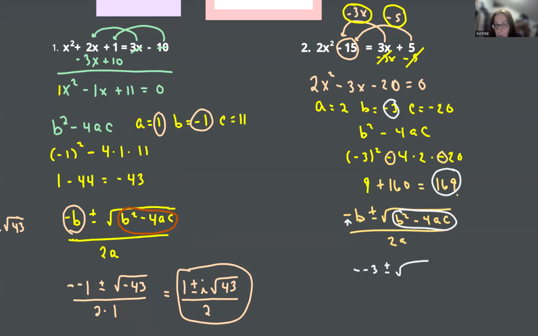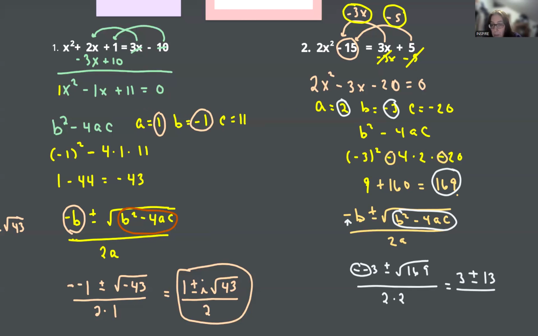And that's over 2 times a, and we found a to be 2. So when we do this, we got that double negative here, which makes a positive. The square root of 169 is 13, and 2 times 2 is 4.